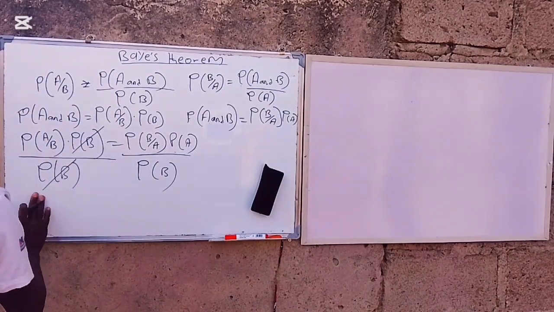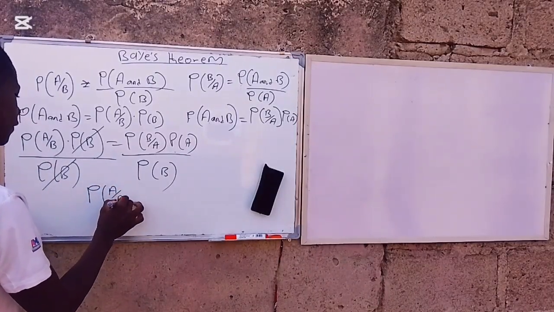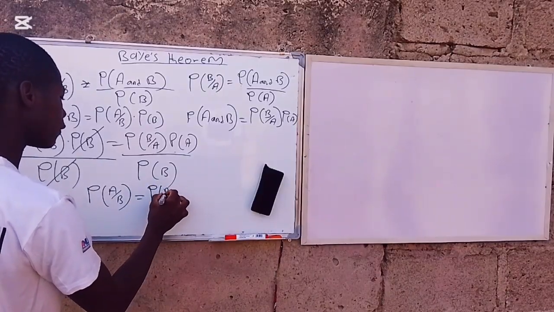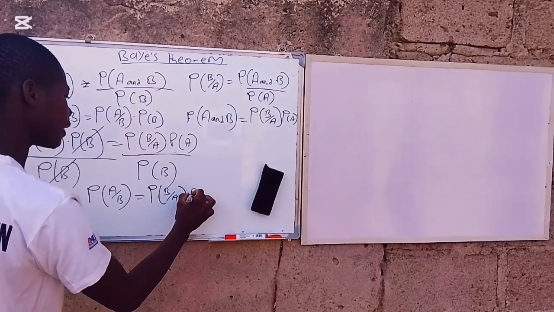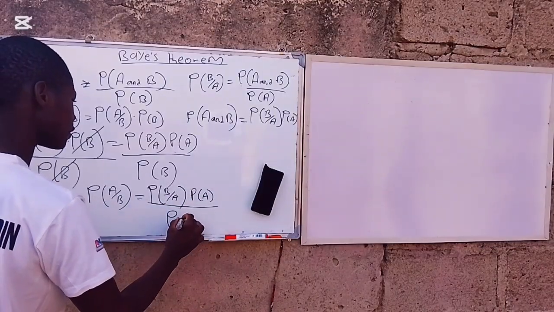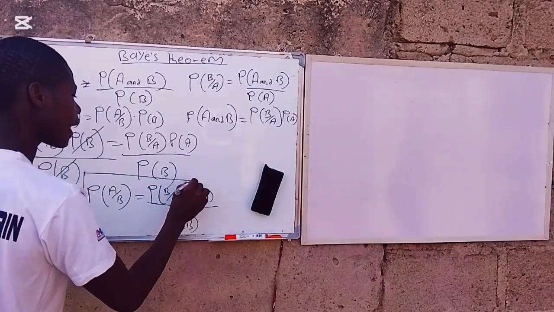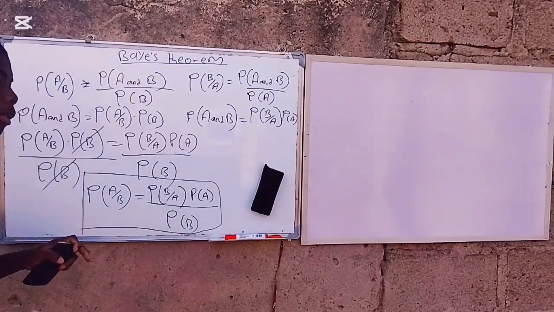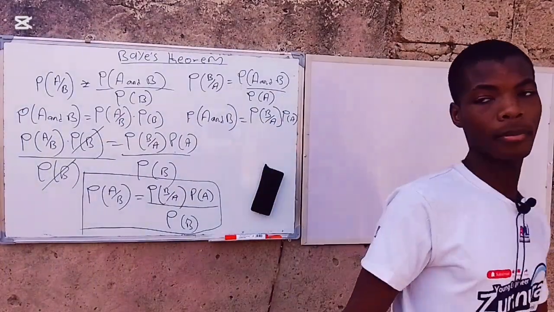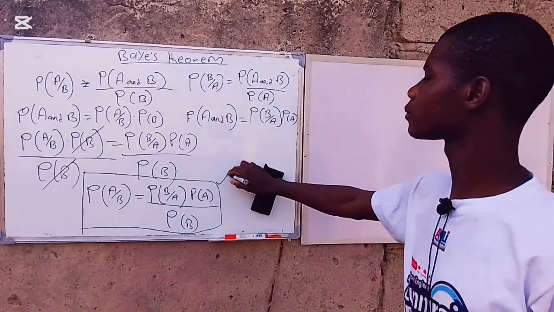The next thing to do is that I have the probability of A given B should now be equal to the probability of B given A multiplied by the probability of A, divided by the probability of B. So this is the Bayes' theorem formula. Make sure you write this formula down.